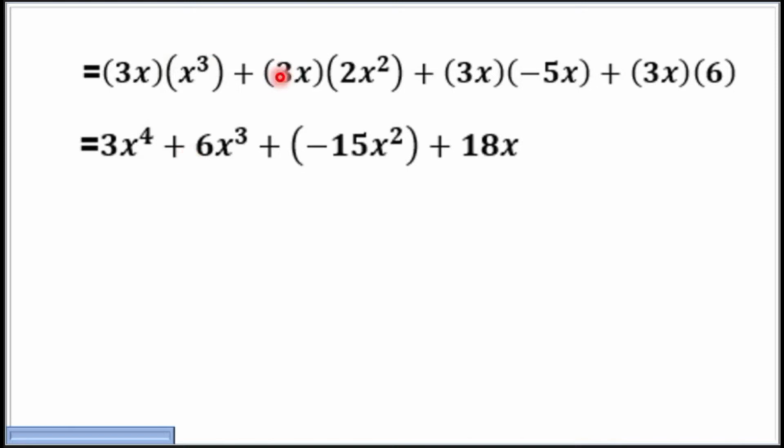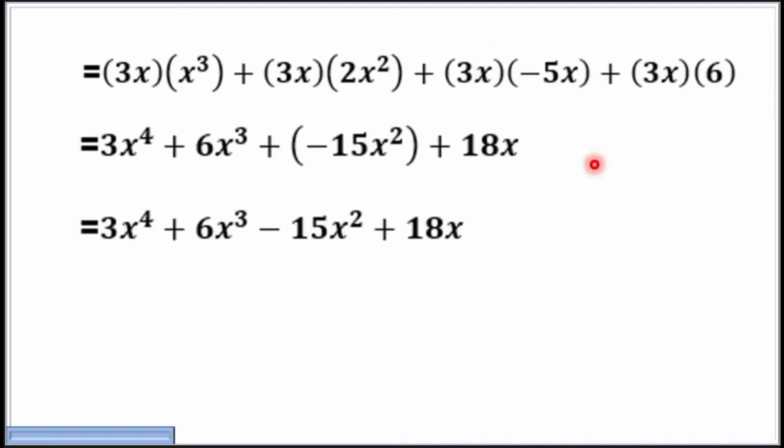Then 3 times 2 is 6, x times x squared, 1 plus 2 is 3. Then 3 times negative 5 is negative 15. 3 times 5 is 15, positive times negative is negative. Then x times x, add them, 2. Then 3 times 6 is 18, and there is no other x, so it is just 18.